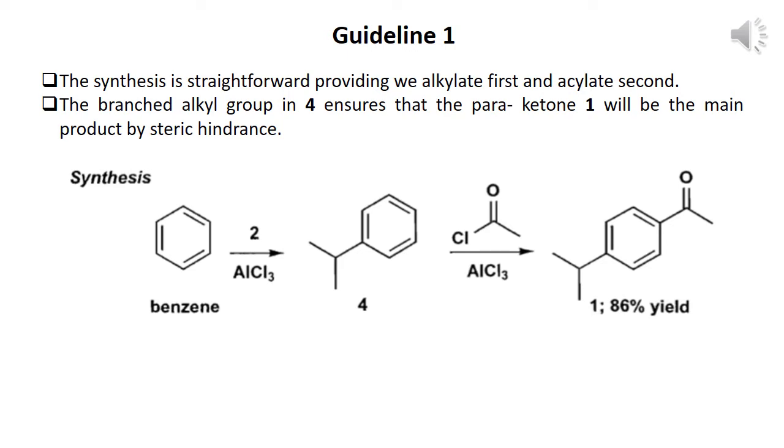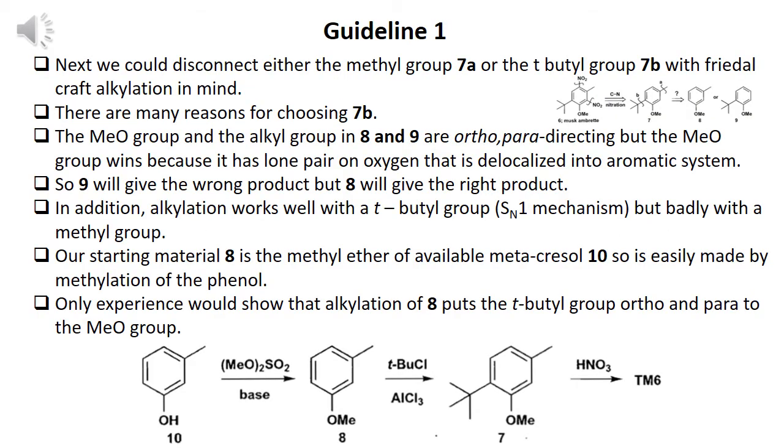The branched alkyl group in 4 ensures that the para ketone 1 will be the main product by steric hindrance. We know alkyl groups are ortho-para directing, but here, because it is a bulky group, the para product will be the major product. So the 86% yield will be of the para product.